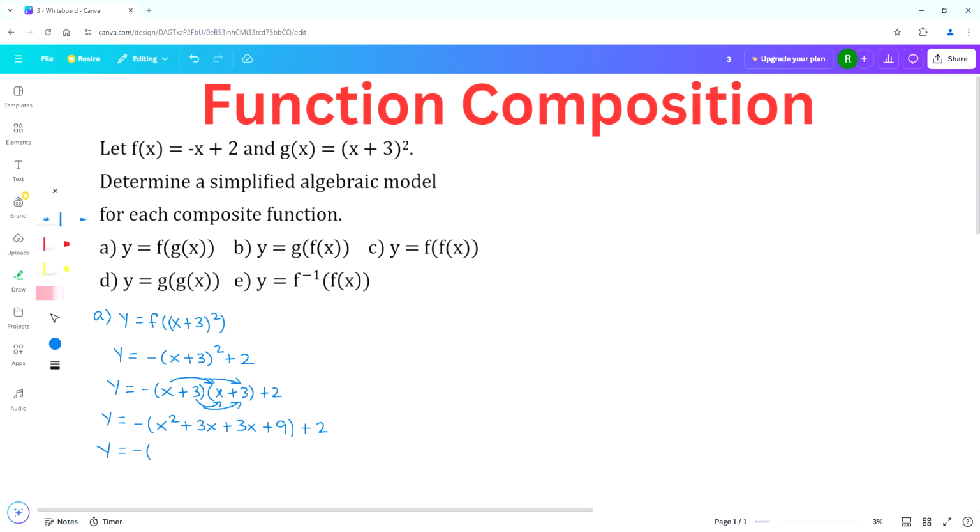Next, we can combine the like terms in the parentheses. 3x + 3x is equal to 6x.